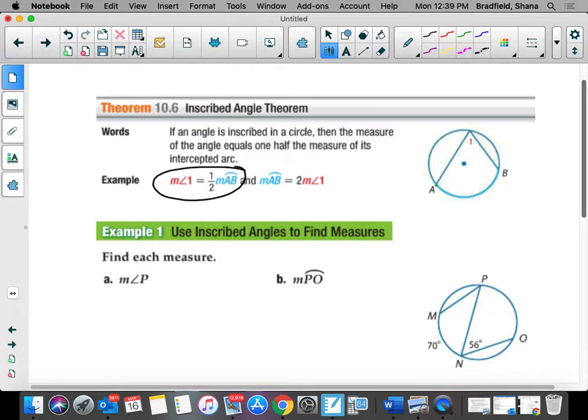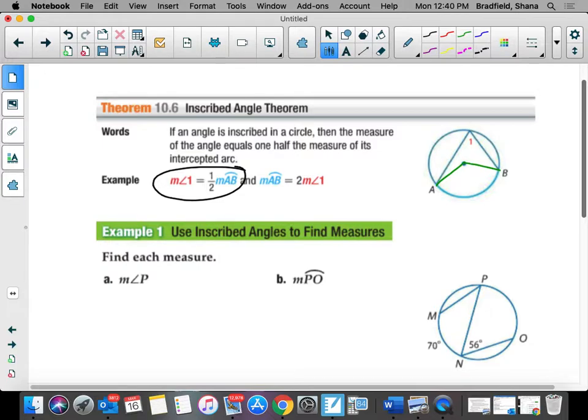If I were to draw in the central angle here, let's see if we can get it to draw a little bit better. So I'm going to draw in a central angle. That's pretty good. We know that the measure of that central angle and the measure of the arc are the same.